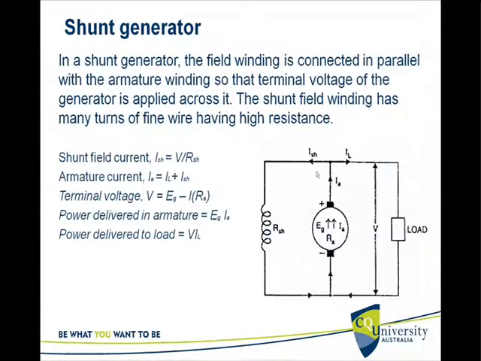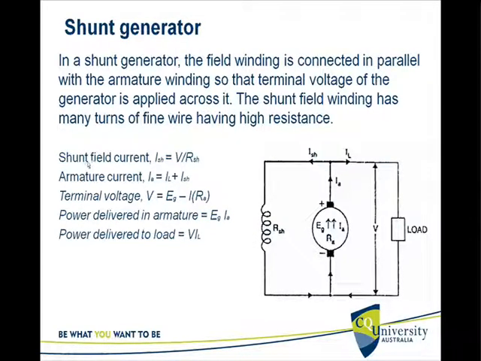Now since the full generated voltage of the DC generator is applied across the field winding, you have to have a larger number of turns with fine wire having high resistance, so that the field current is reduced.